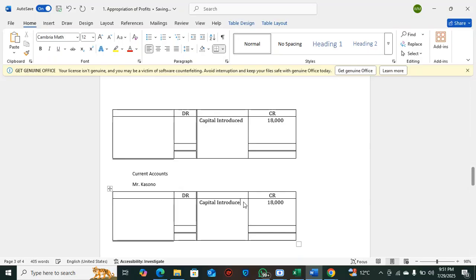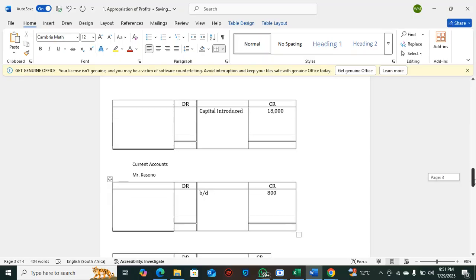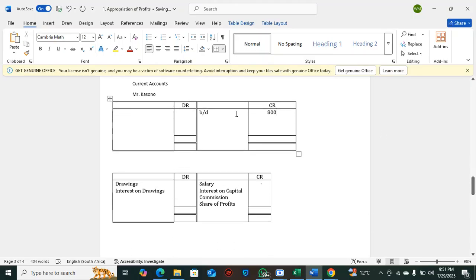You say balance brought down 800. This information was in the question. Then you say salary.